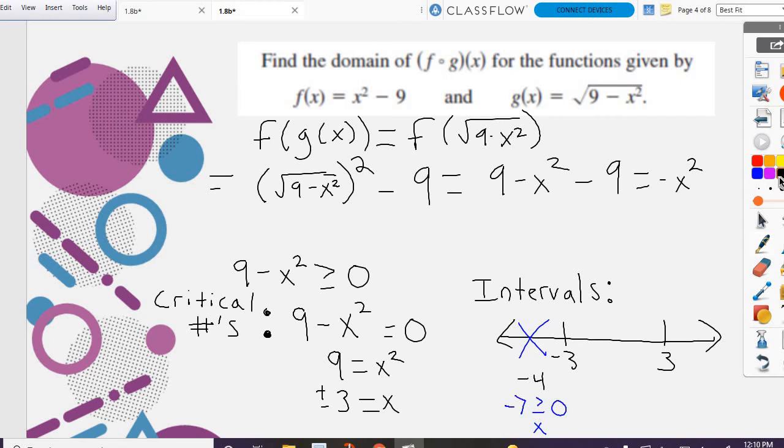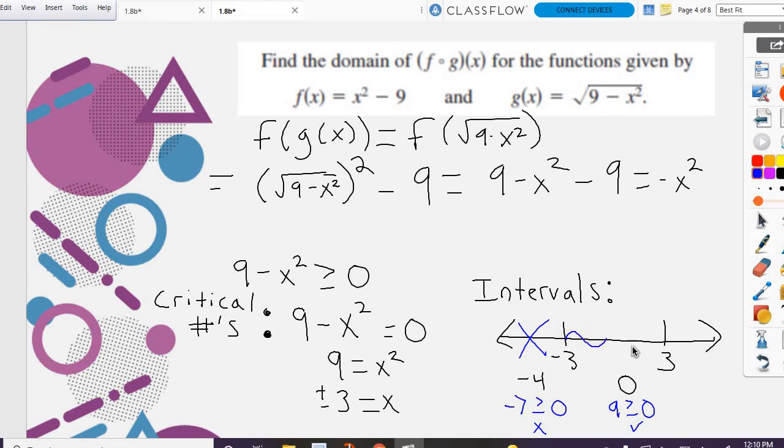So that's something that's in our second interval. So in between -3 and 3. 0. So if we plug that in, 0 squared gives us 0. 9 minus 0 gives us 9. So is 9 greater than or equal to 0 a true statement?